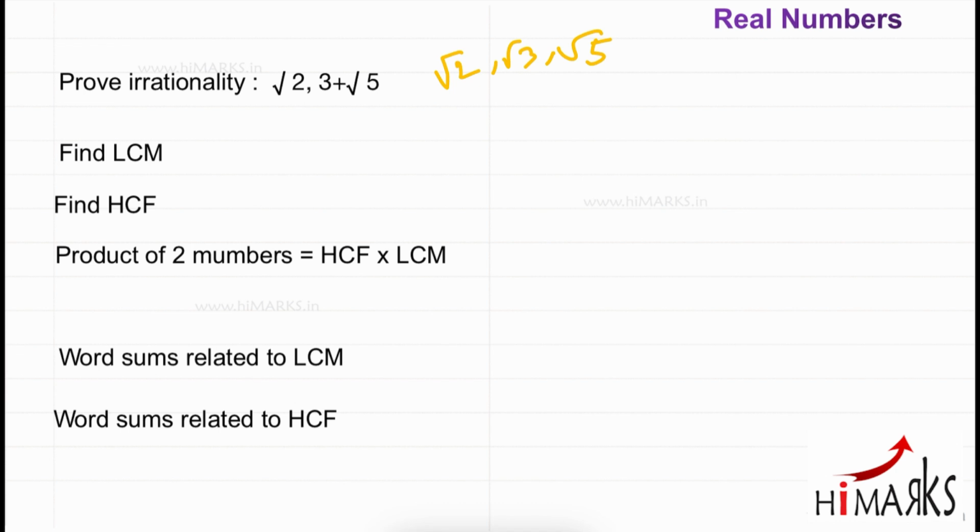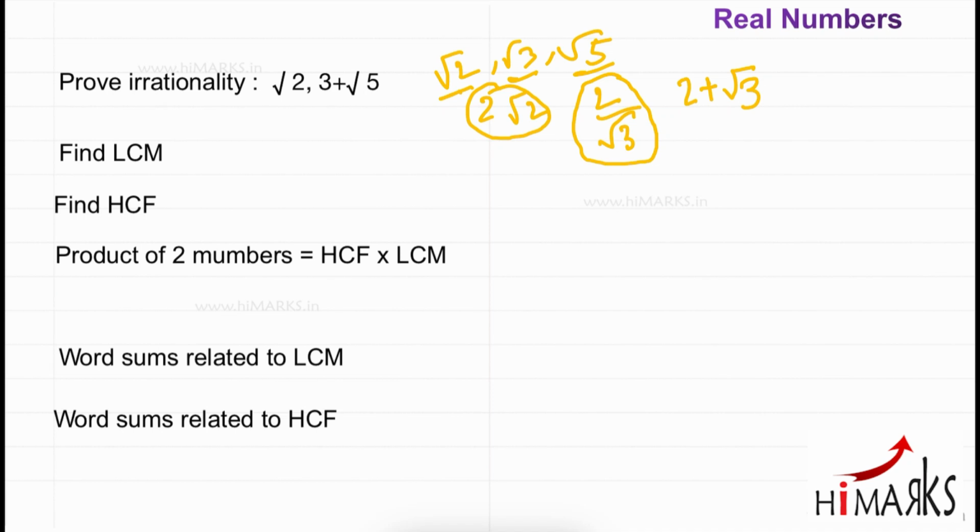A second combination of the same thing can be shown as 2 into root 3, prove it as irrational; 2 by root 3, prove it as irrational; or 2 plus root 3, prove it as irrational. So the different way of presenting will differ your proof also, but all these are based on that.